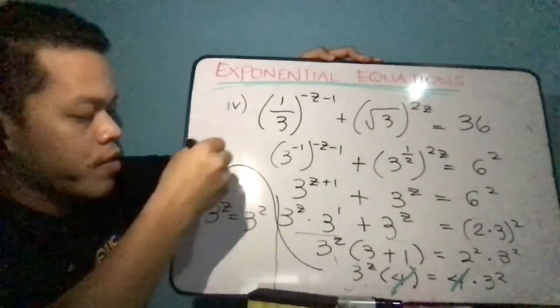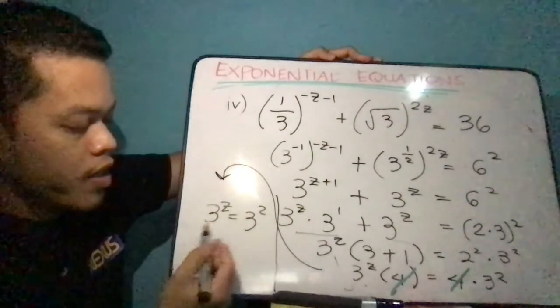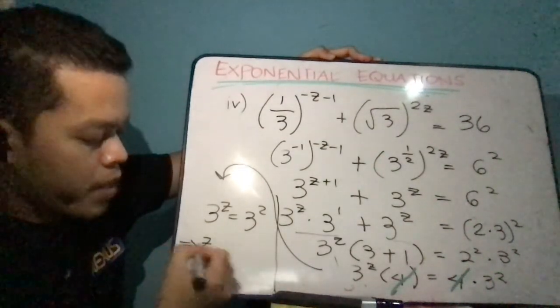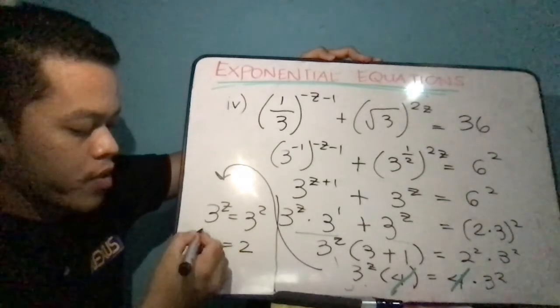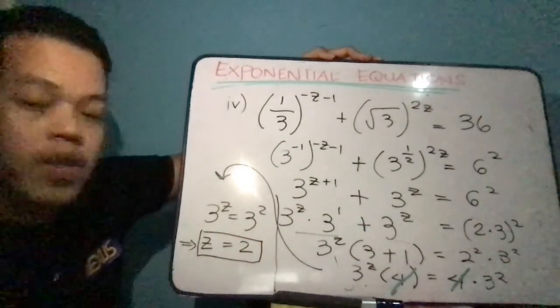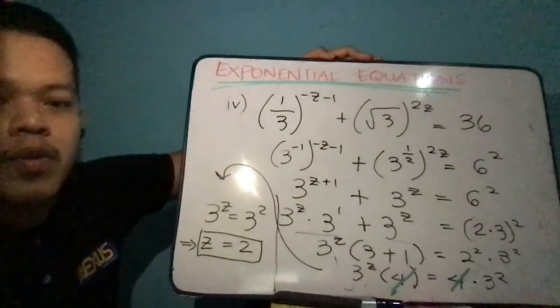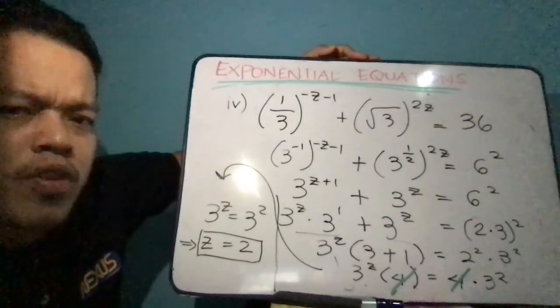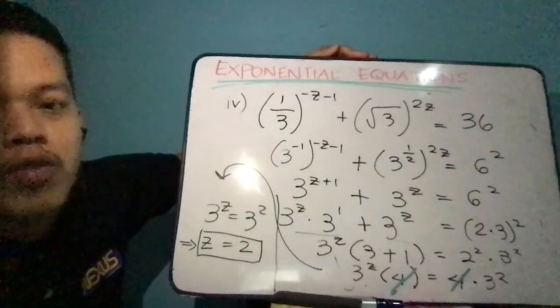Okay, follow the solution. And therefore, since we have the same basis, this implies that we can equate the exponent, giving you z equal to 2. Okay, I hope you understand that one. And let's try to explore some other alternative way to solve this one.